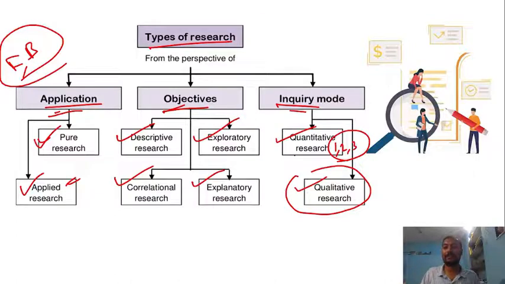Behavioral exchanges are looked at in this inquiry mode. So we bifurcate research on three criteria: application level, objective level, and inquiry mode level. Apart from this, there are many other researches like longitudinal research and analytical research. We will be talking about them one by one later on. So this is one kind of flowchart to understand this.